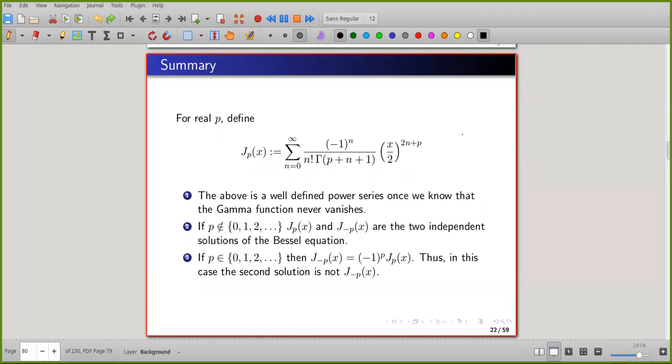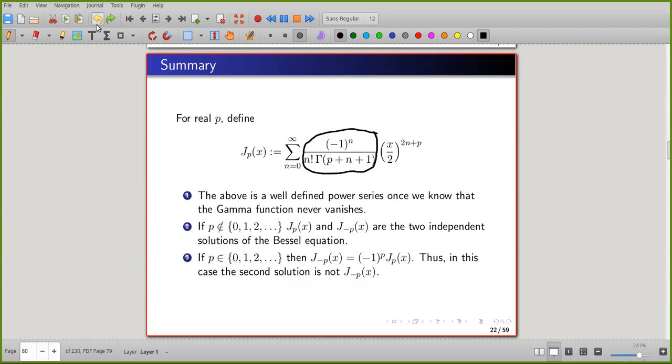So let's summarize. For every real p, we define this series. Notice that whenever we define a series, we want to make sure that the coefficients are real numbers, so there should not be infinity. This coefficient can be infinity only if this gamma function vanishes.